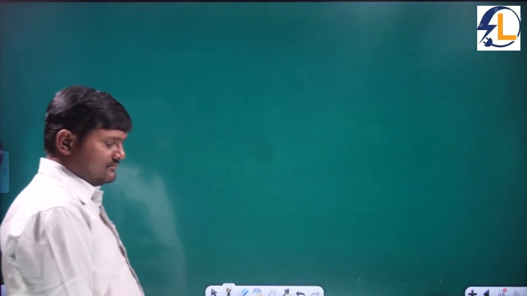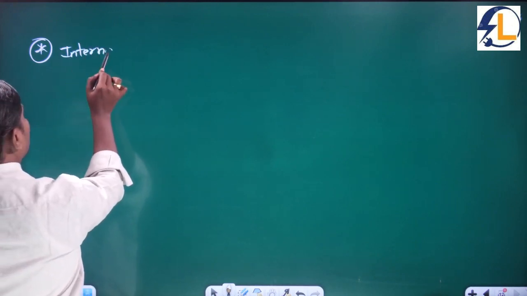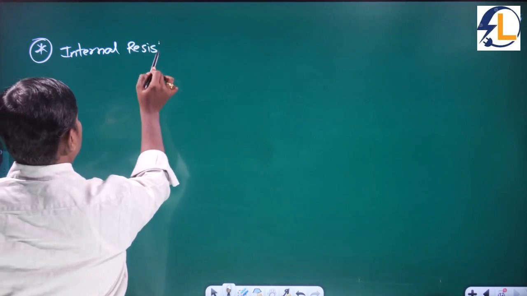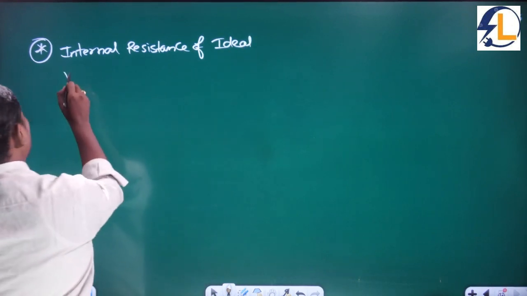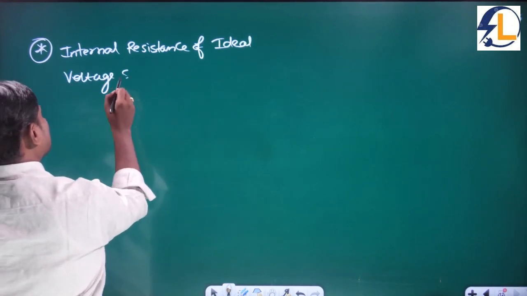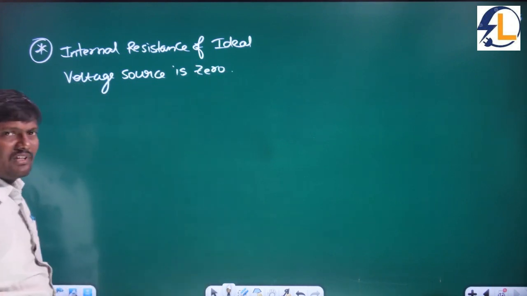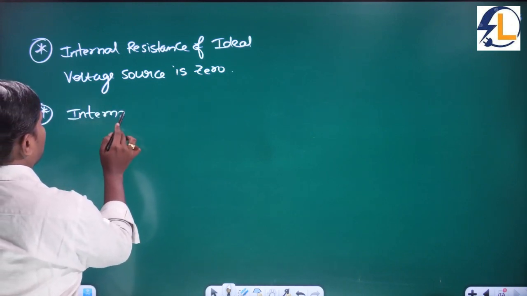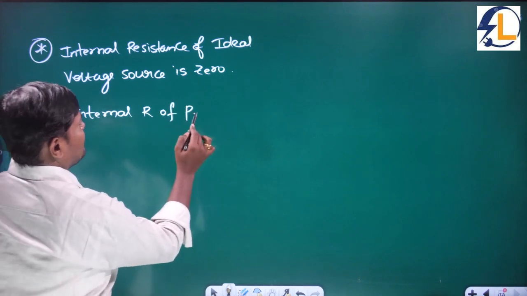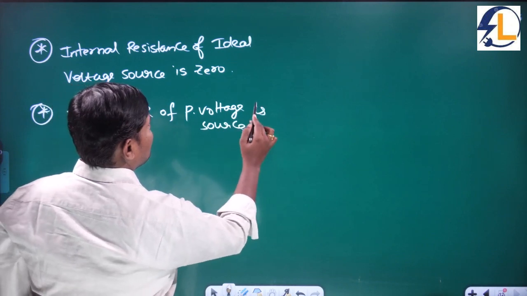Okay, now what are our conclusion points? The internal resistance of an ideal voltage source is 0. The internal resistance of a practical voltage source is small.